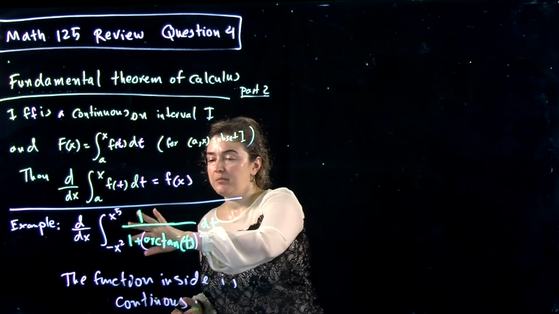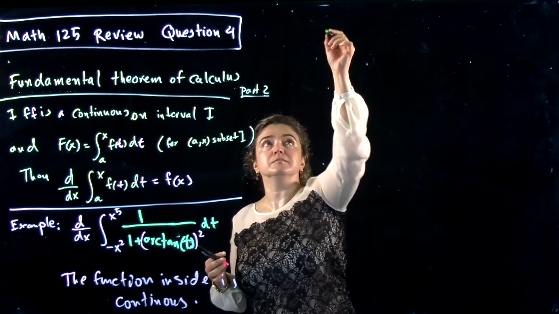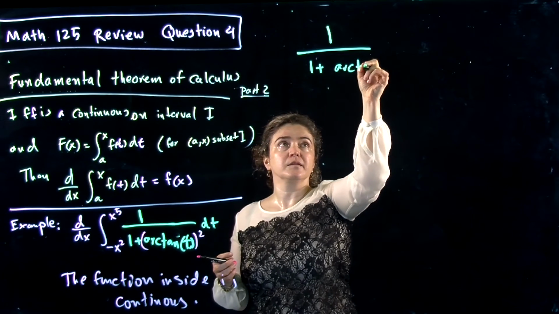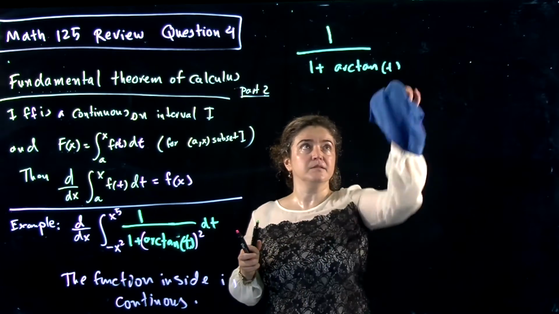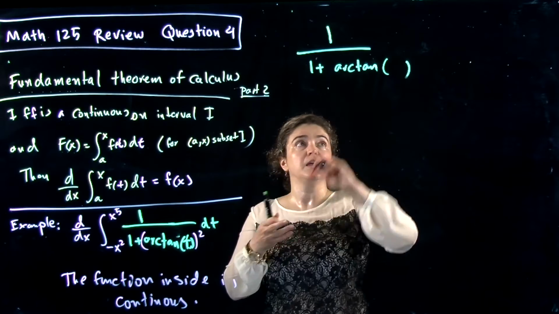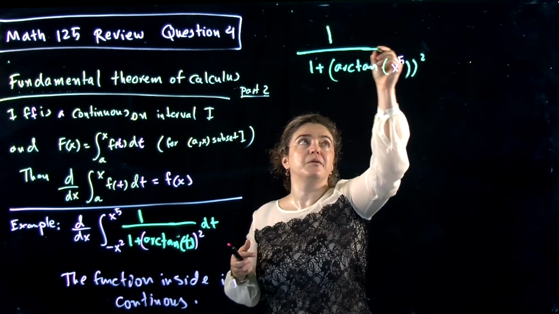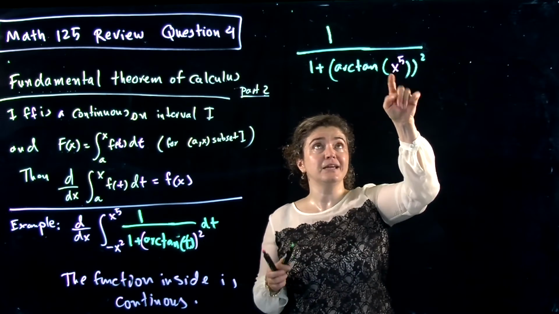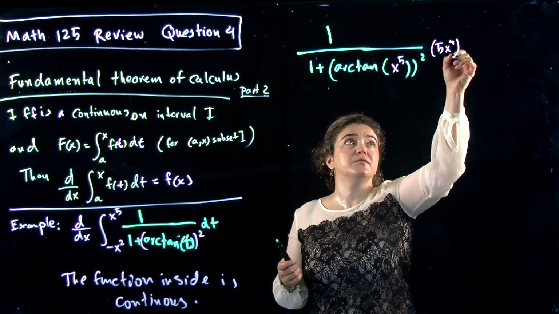So it will become plugging the limit into here: the upper bound is x to the power 5, the entire thing to the power 2, then the derivative of inside, which is 5x to the power 4.